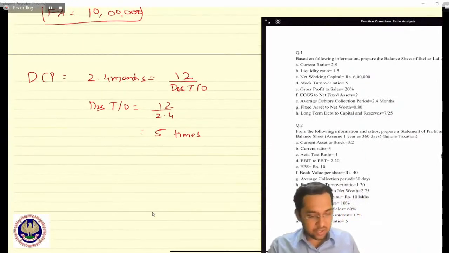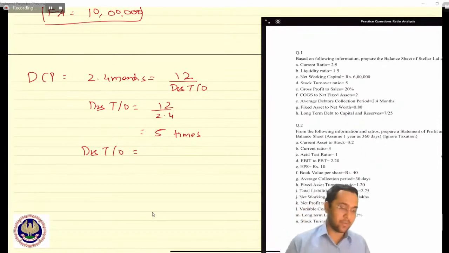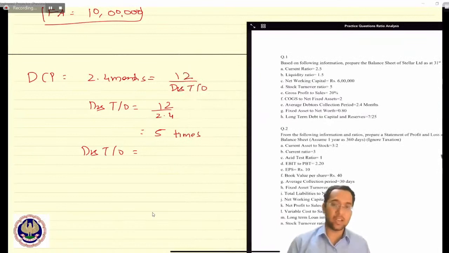So debtors turnover is 5 times, and we know that debtors turnover is computed as credit sales upon debtors figure. Now there's no information again over here how much is credit and cash. As I told you in the ratio explanation, if nothing is specified, you can assume all the sales are credit.